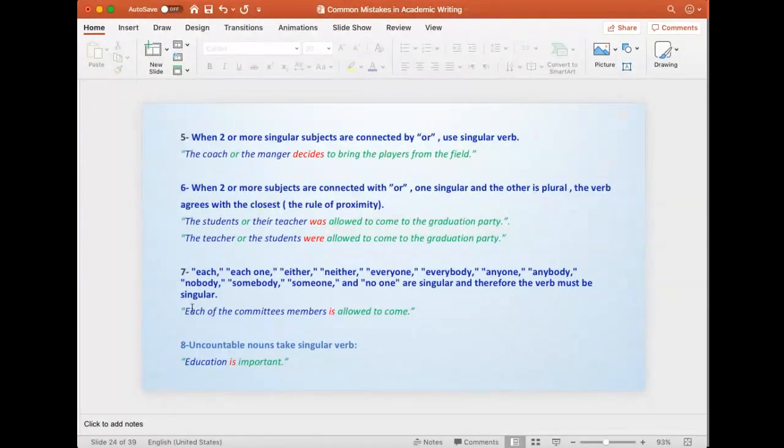For example, each of the committee's members, each one. So I'm mentioning each one of those members. This is a singular format, then I will use has here. If I used either, also I will use has.